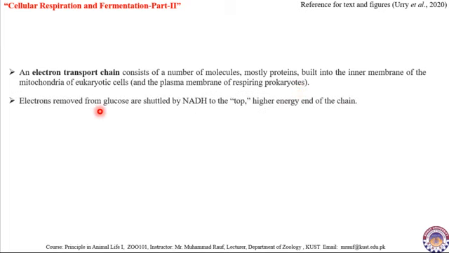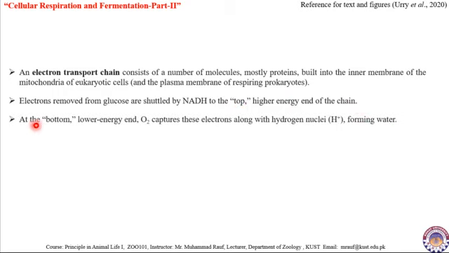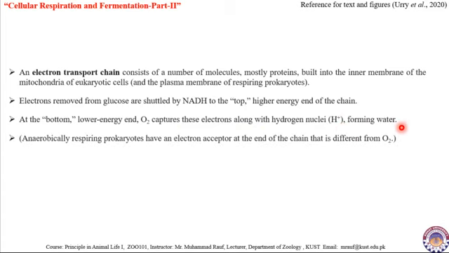Electrons removed from glucose are shuttled by NADH. They are carried by NADH to the top, high energy end of the chain. At the bottom, lower energy end, oxygen captures these electrons along with hydrogen nuclei, forming water.